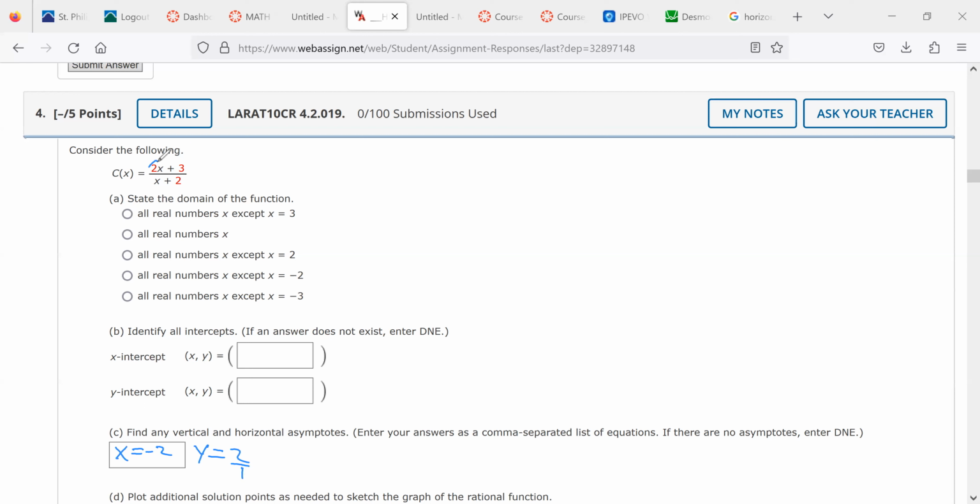It's this coefficient and this one. So since the horizontal asymptote is not 0, there will be an x-intercept this time.